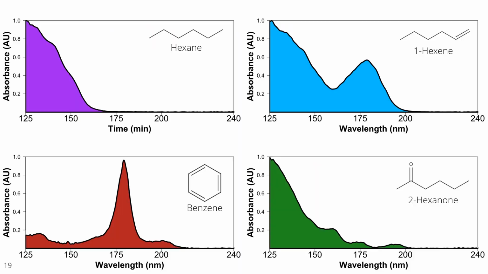And so here I've just got some more examples of the type of spectra you might be able to get with a VUV detector. Each of these are 6 carbon hydrocarbons of different types. So we've got a paraffin, an olefin, an aromatic, and a ketone down here. And what you can see is that in each of these spectra, we have a lot of features, both major features and even subtle features, that we can use to differentiate our compounds.